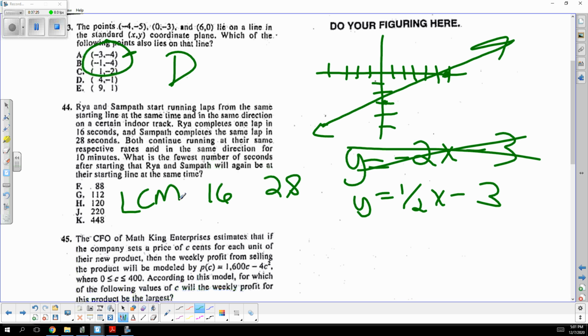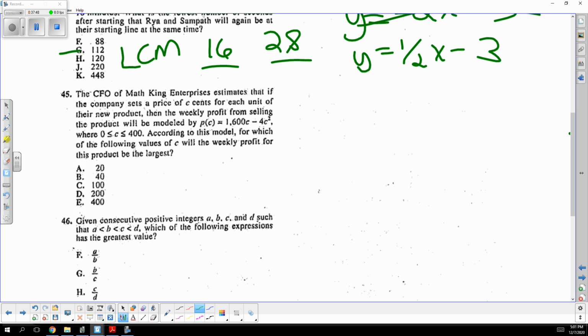So remember, when you enter 16 and 28, you're looking for a number that they both go into, and you should hit one of the numbers twice. So hit 16, 28, 28. It'll give you 112. They used to do stuff like that more often, but this time they didn't include it. So PC.